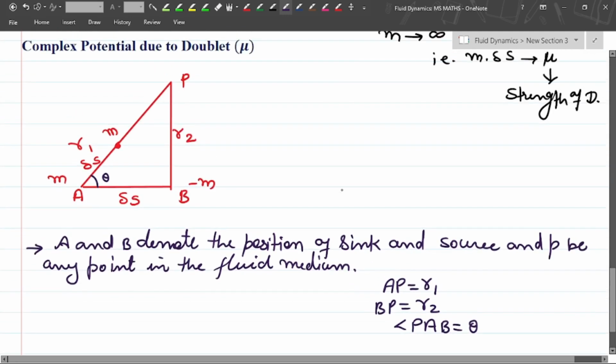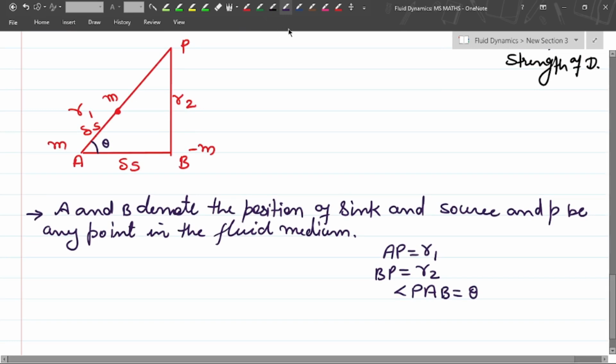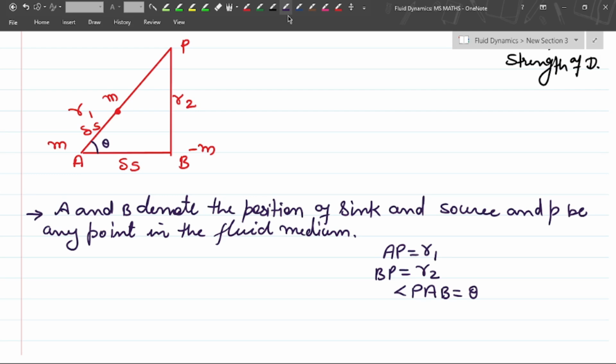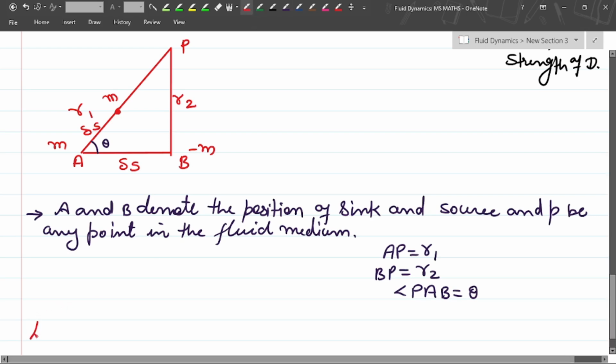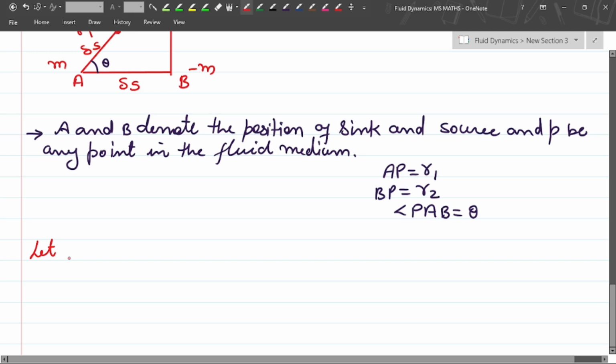Now, let phi be the velocity potential function.